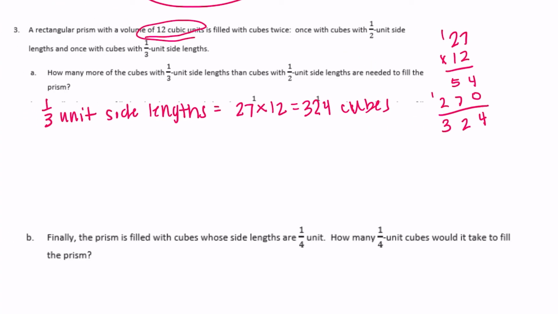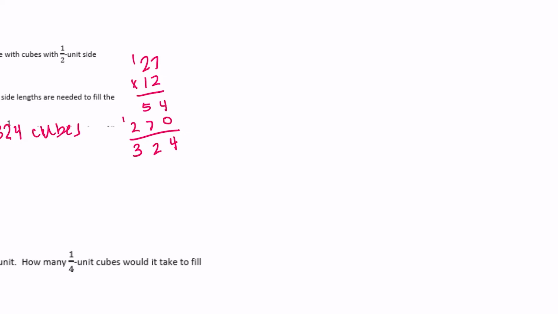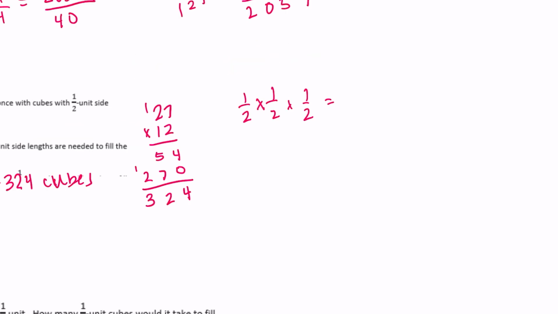If we did half unit side lengths, we would have 1/2 times 1/2 times 1/2. 2 times 2 is 4, times 2 is 8. We get 1/8, which means that we could fit 8 cubes inside.